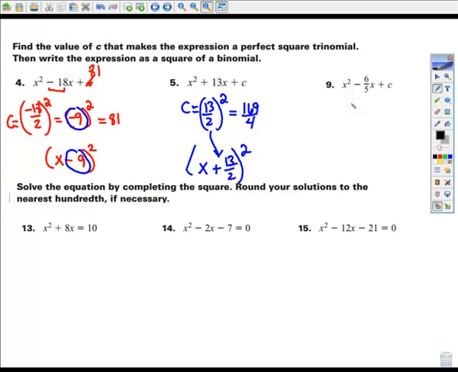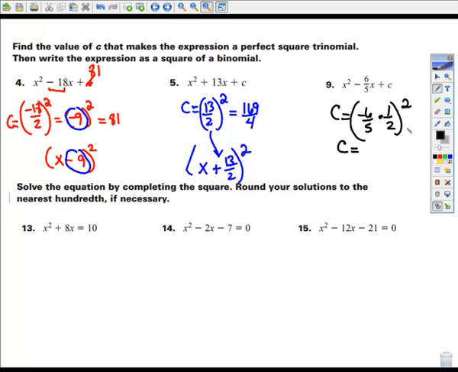Let's do this last one. I have my c value is negative 6/5 divided by 2. So I'm going to say times 1/2. Remember, it's divided by 2, but when you divide a fraction, you have to multiply by the reciprocal. And then this is squared. Sorry, my bad.